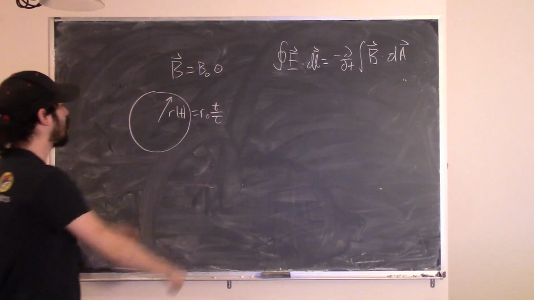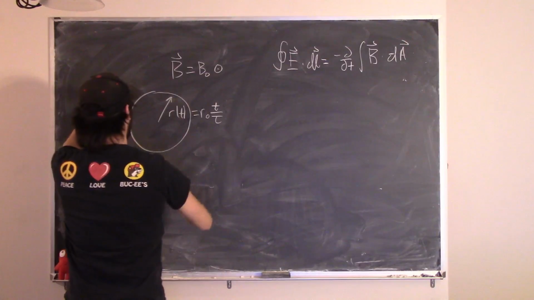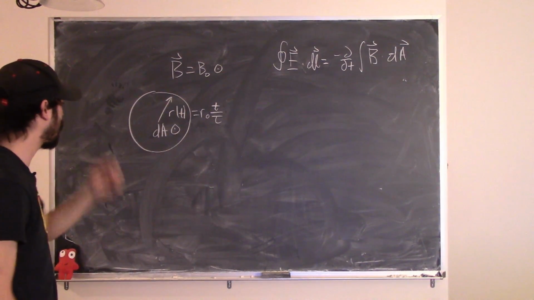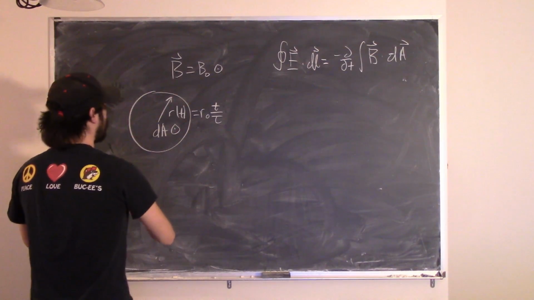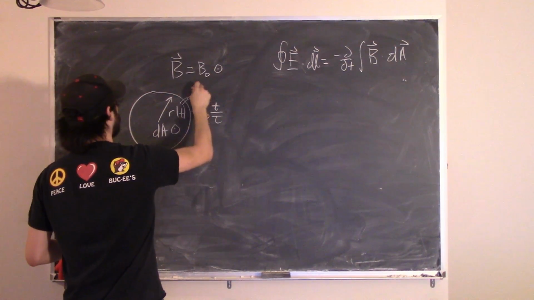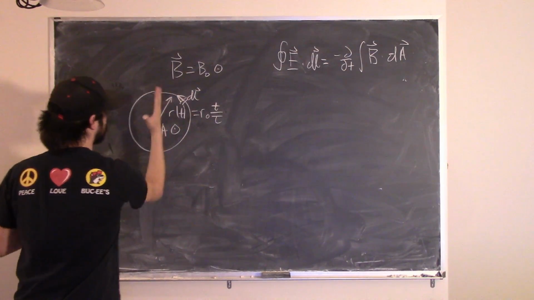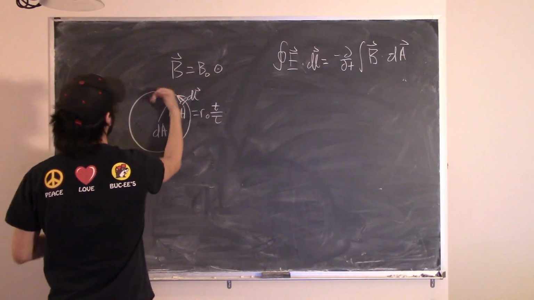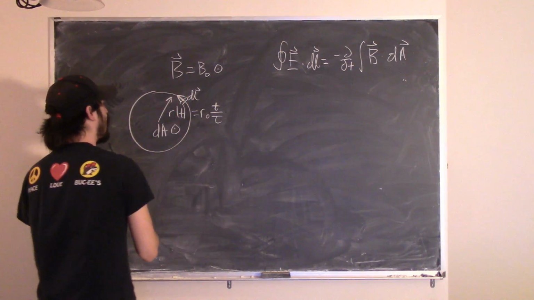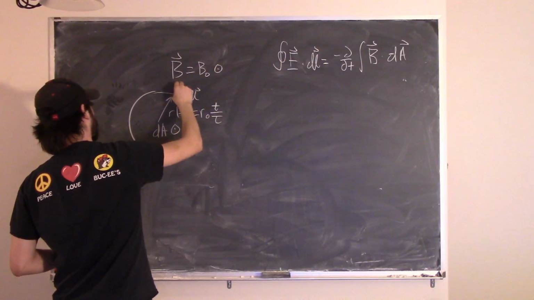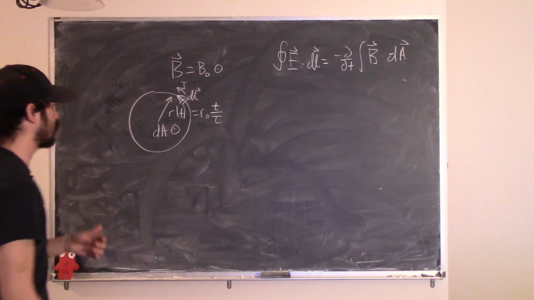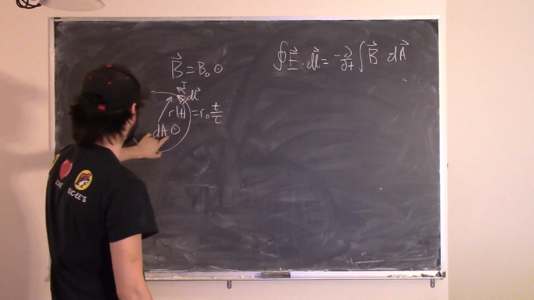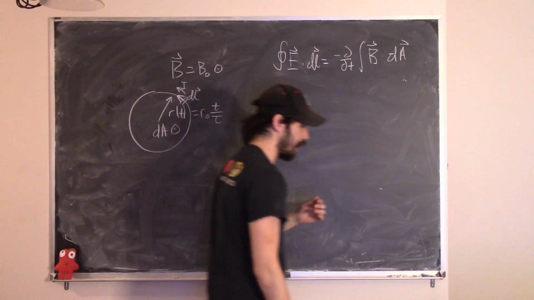Because my magnetic field is pointing out, I'm going to say that my dA is pointing out, which means now that my dl is going to go around this way. Again, we can take the thumb of our right hand, point it in the direction of my dA, and it curls around like this. I also like to say that my I goes in the same direction as my dl. So that's my direction of the current, the direction of dA, and the direction of dl.